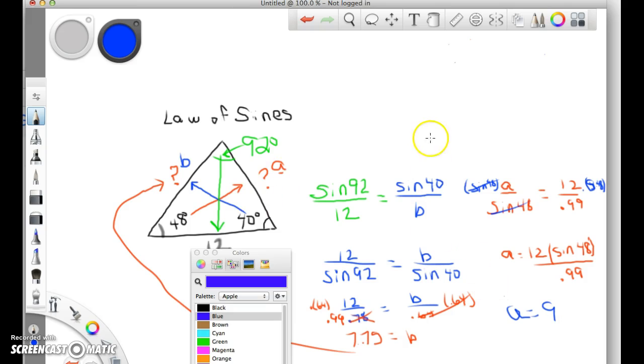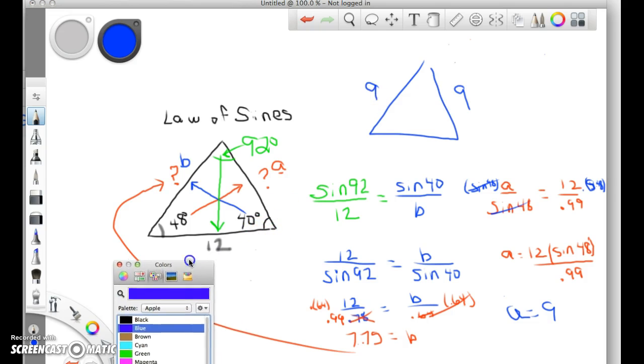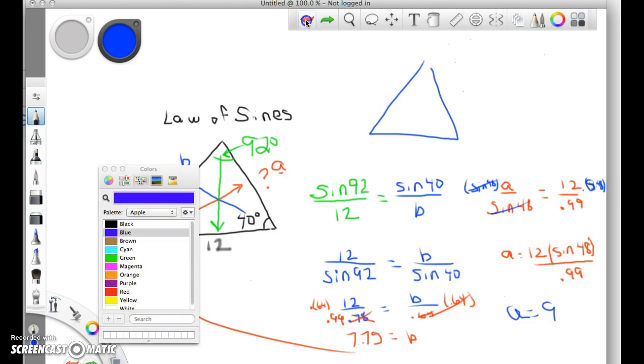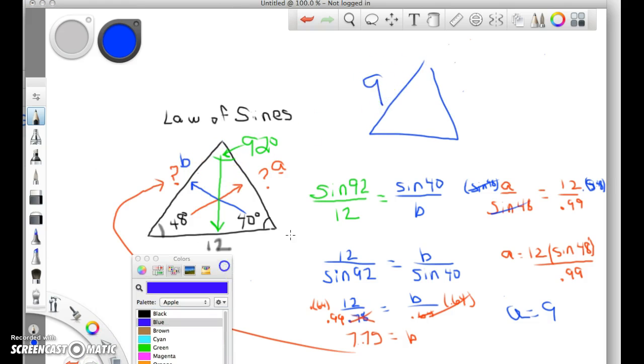So with the law of sines, we're able to figure out that this was 9, this was 12, and the last one was 7 3/4. Pretty cool, huh?